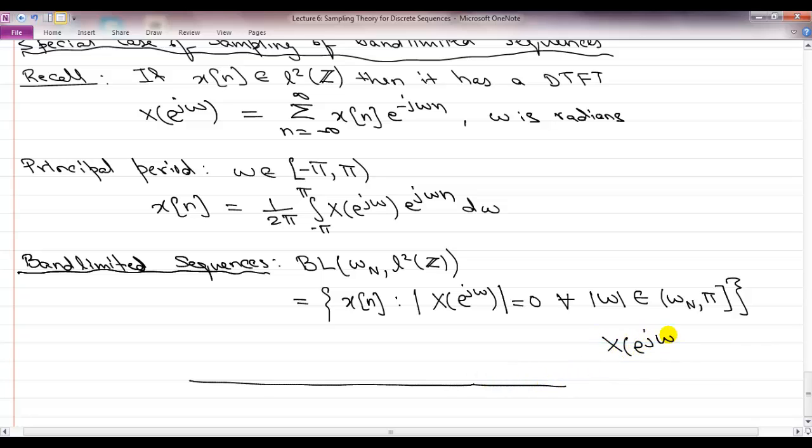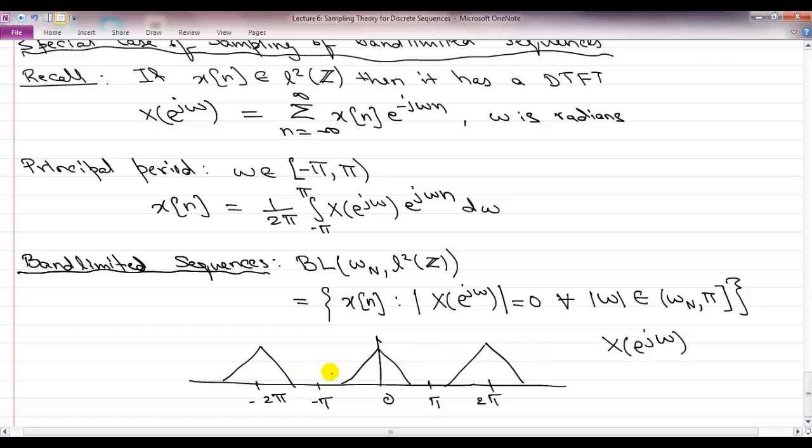So if I have X(e^{j omega}) that is zero outside of minus omega n to omega n, between minus pi and pi, this is of course a band limited signal or sequence.